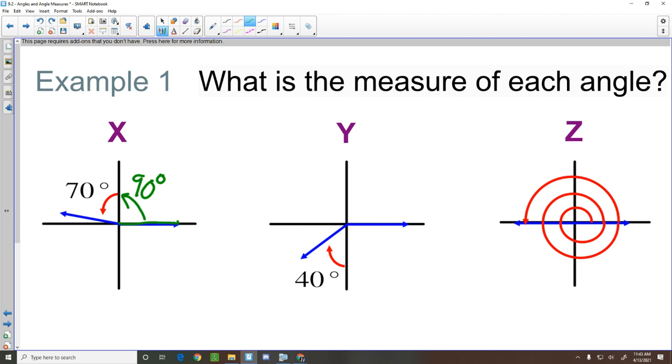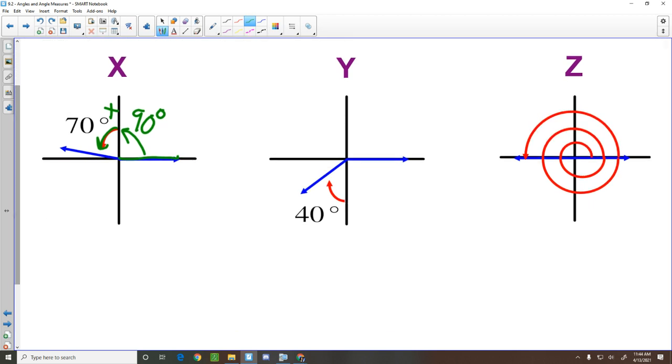From the 90-degree mark, I'm going to go an additional 70 degrees. That's still counterclockwise, so it's another positive rotation. So we just add 90 plus 70 for a grand total of 160 degrees. Who else got 160? Awesome.